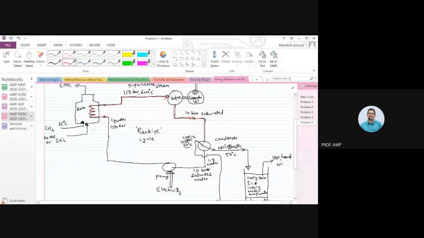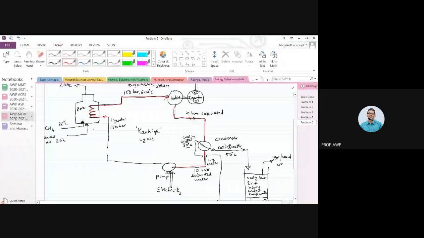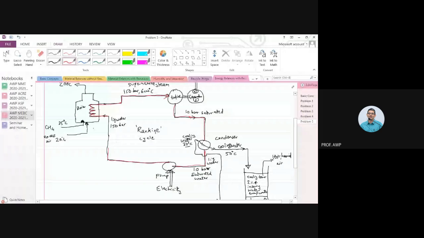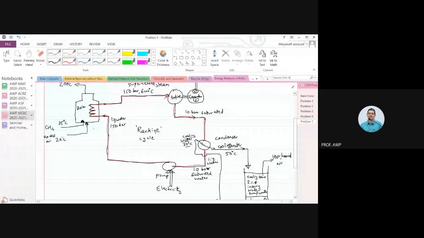Are you seeing that steam is going in a closed cycle? Yes, sir. We are not generating any extra steam. Whatever water gets converted into steam gets converted back and keeps on going around.